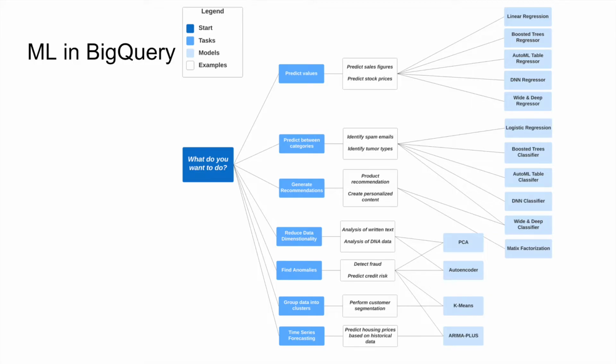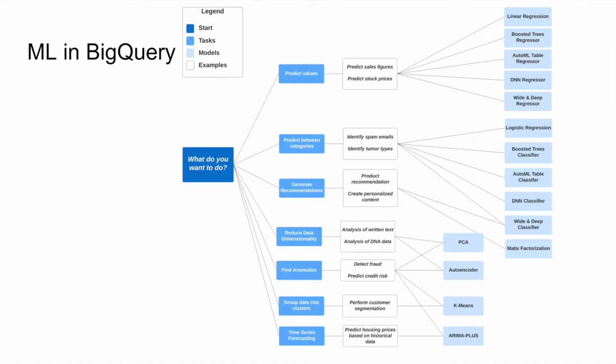Let's look into what algorithms you will choose for different use cases. This image has been directly taken from the BigQuery page, which distributes the algorithms based upon the use case. So for example, if you are predicting values like sales figures or stock prices, you will use linear regression, boosted tree, AutoML, DNN regressor, or wide and deep regressor.